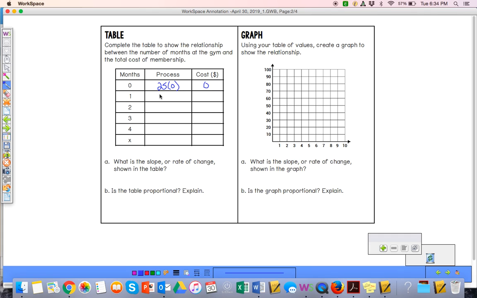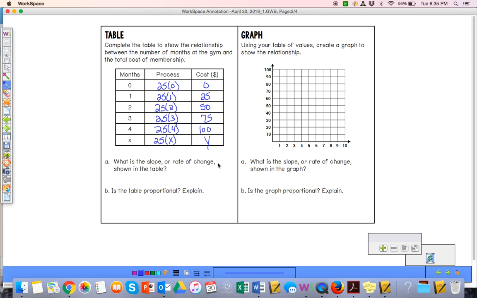If she joins the gym for 1 month, that's 25 times 1, so it costs her $25. 2 months would be 25 times 2, which is $50. 25 times 3 is 75. 25 times 4 is 100. So what we are doing here is 25 times the x value, and that's going to give us our y value.